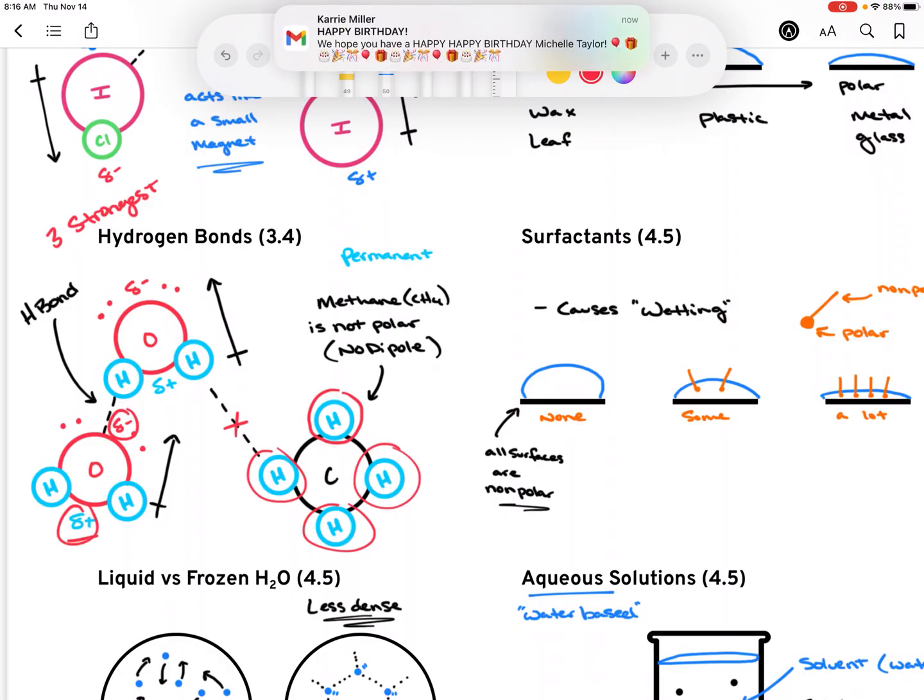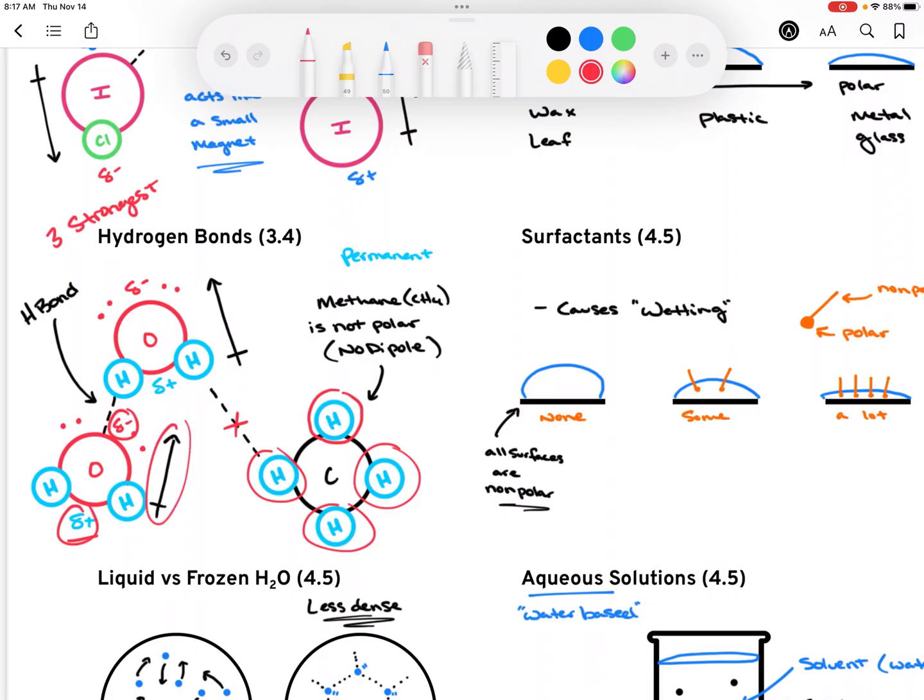Like this forms a tetrahedral shape, and the charges are being evenly distributed. There's not a dipole found in this methane, so it's not going to have a hydrogen bond. Okay, so just pay attention to what atoms or what molecules you're working with, because some molecules won't have dipoles in them, and they aren't going to hydrogen bond. So just pay attention to this. That's why I put this in here, okay?